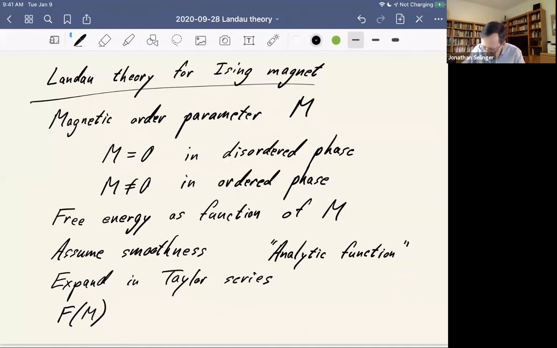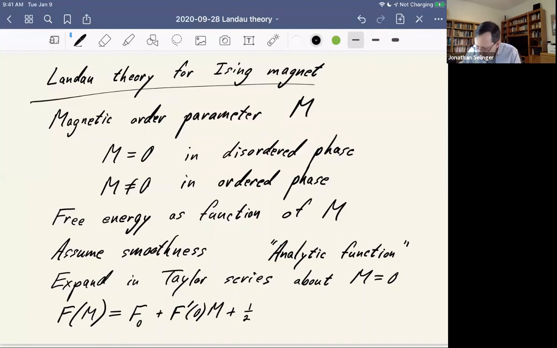Okay? So we could say f of m is, we'll expand it in a Taylor series about m equals 0. Okay, so f of m is some f0, whatever is the free energy when m is equal to 0, plus a first order term. So the first derivative of f with respect to m, evaluated at m equals 0, times m, plus a second order term.